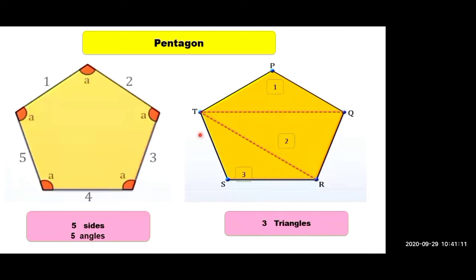Now, if we draw one diagonal from common point T to this point Q, and again from T to point R, then how many triangles can be formed in the polygon? 1, 2 and 3 triangles. Okay, so we can say that in pentagon 5 sides, 5 angles and 3 triangles are formed.